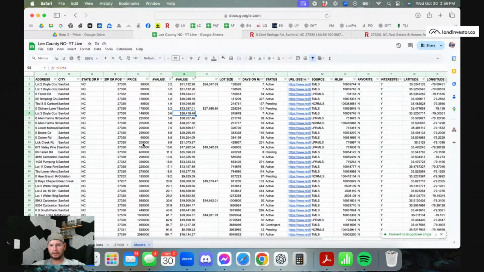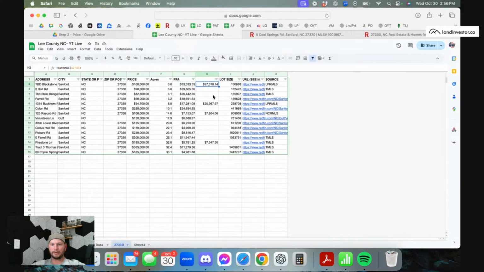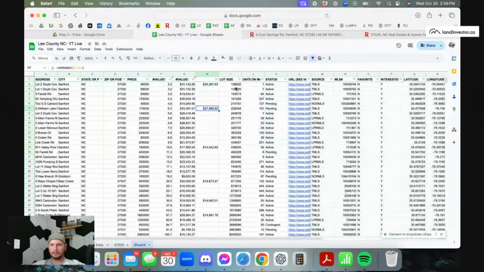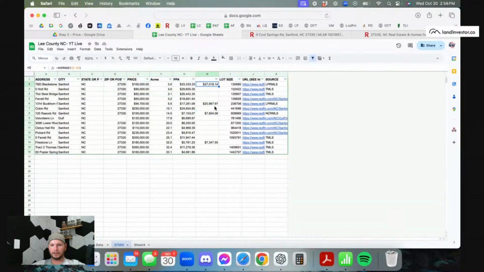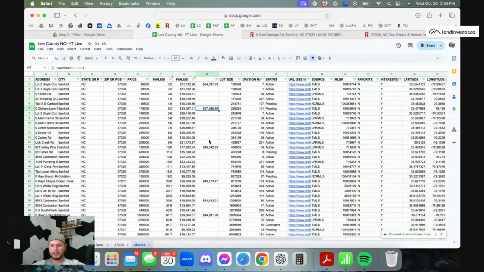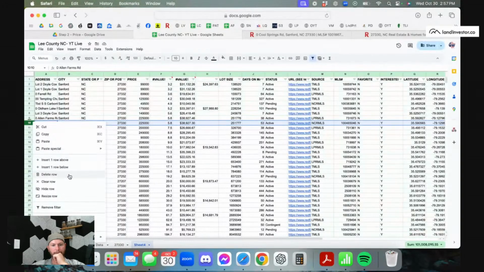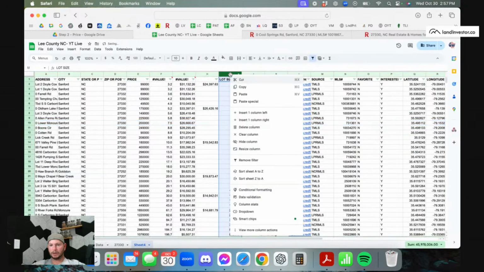Okay, so we got 24, 27. Let's just see what we had. We had 27, so that's good. Pretty close. The 5 to 10, we were at about 20. What do we see for the 5 to 10s here? I average them together on the other side. These are kind of trading high. So I'm going to do something real quick.